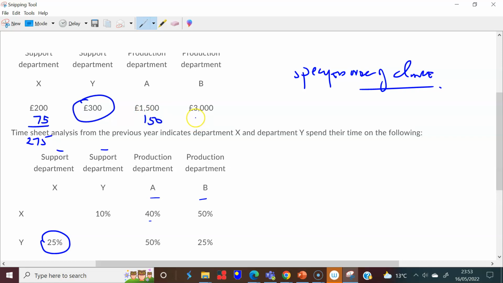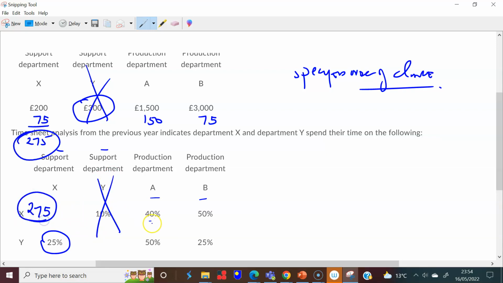And then the other 25% will go to B. So this is what will happen right now. Y is done. All we're now left with is X having this cost of 275.